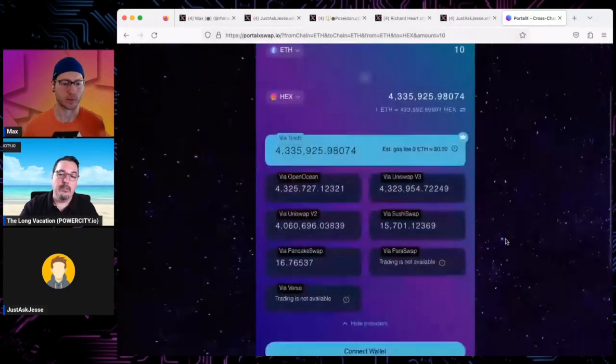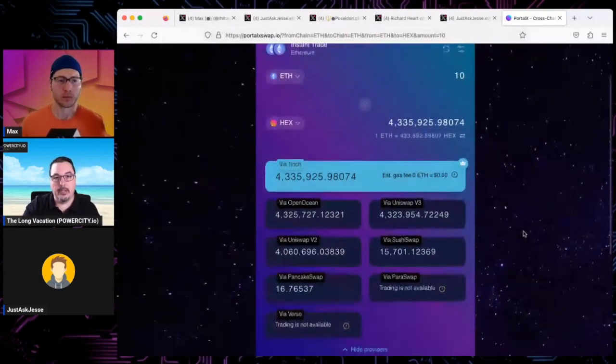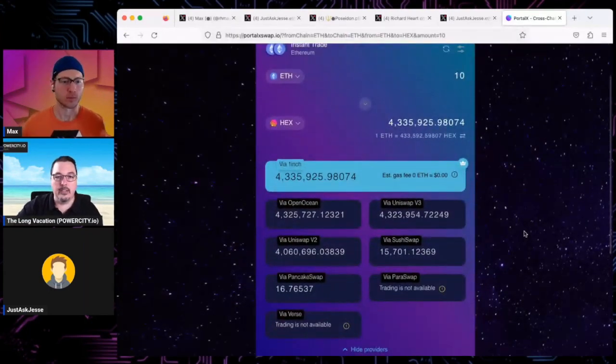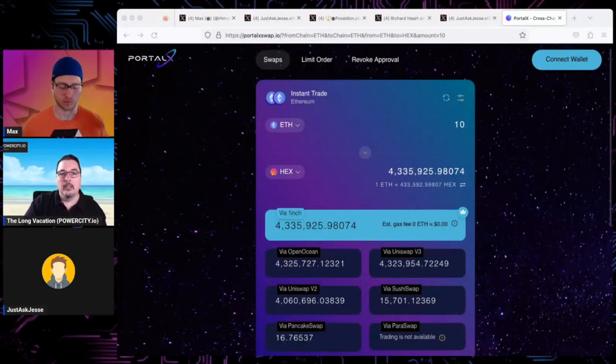Yeah. Now, what this doesn't do, and it differs from the latest changes to PulseX, is this will send the entire trade to one DEX, right? What PulseX is trying to do is to be kind of intelligent about breaking a single trade across multiple pools that are listed on both V1 and V2. Right.